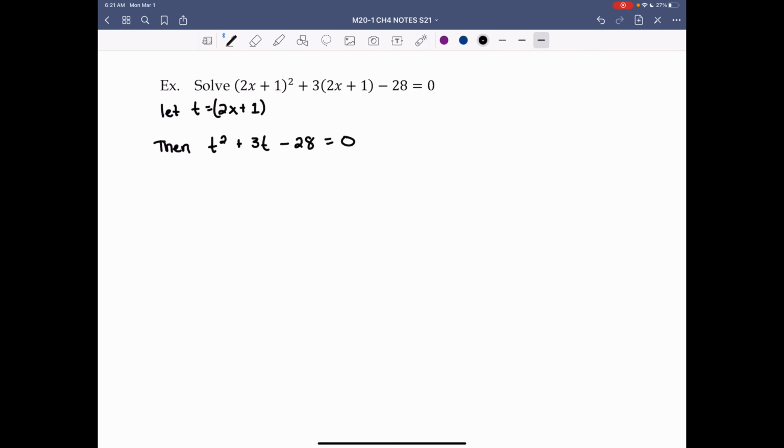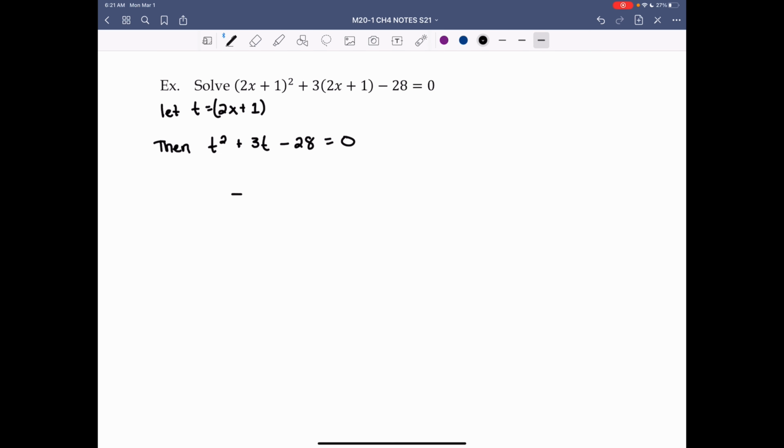Now this looks like a trinomial that we've factored. We don't have any common factors. We have 1, 3, and negative 28. There's no common factors. And because there's a 1 in front of the t squared term, it's a basic trinomial.